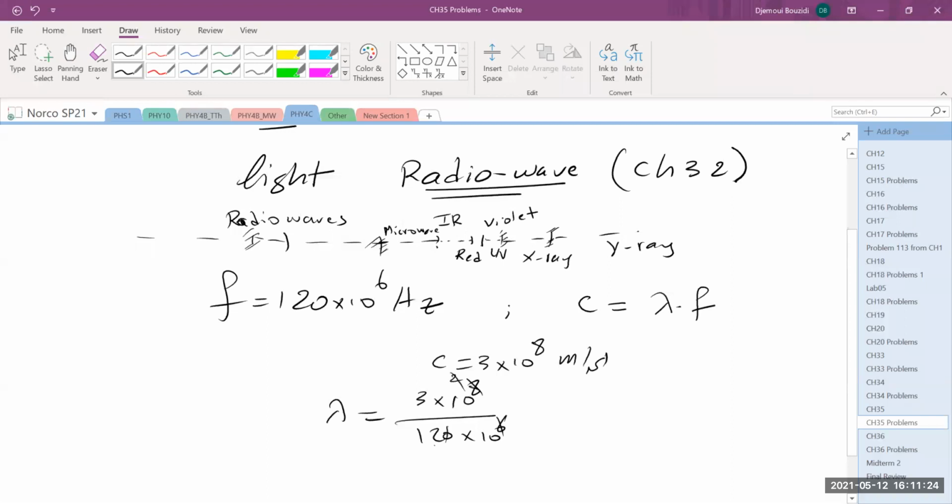I'm left with 2, which cancels these 2 zeros. So the wavelength is 3 divided by 1.2, which is a few meters. As I said before, the telecommunications in this range can be of some meters. 3 divided by 1.2, that's 2.5 meters.